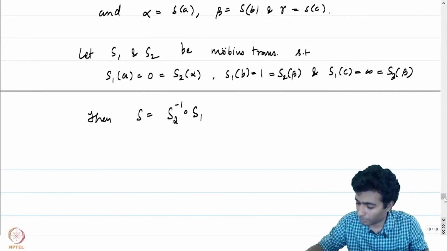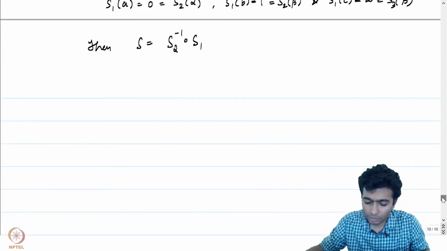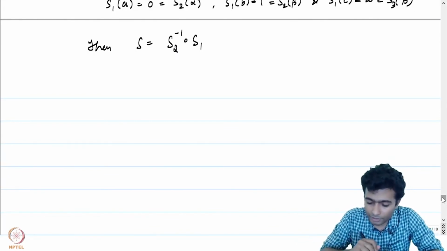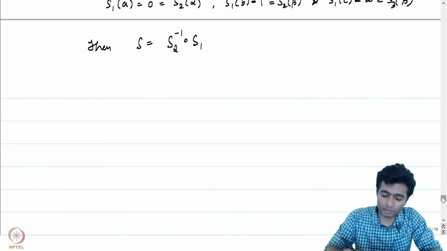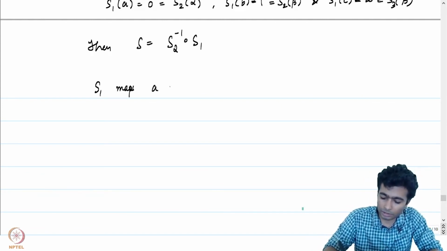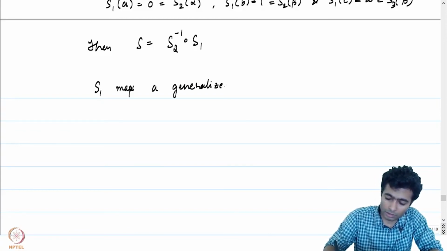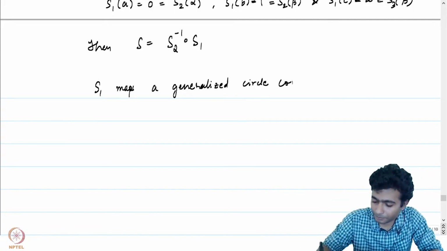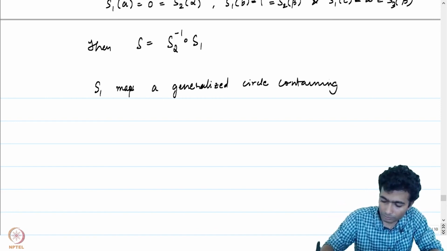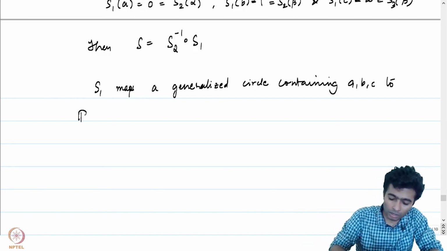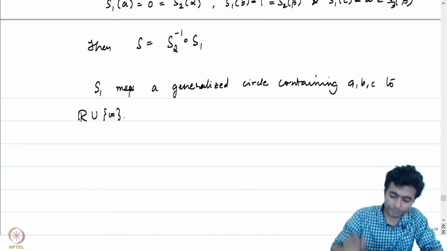Now the good thing about S1 and S2 here is that from the previous computations, S1 maps a generalized circle containing A, B, C to R union infinity.